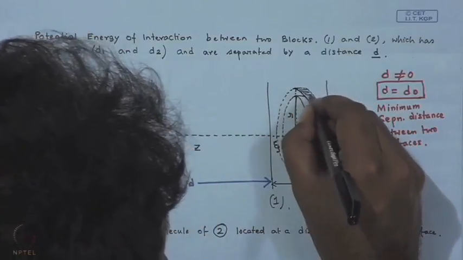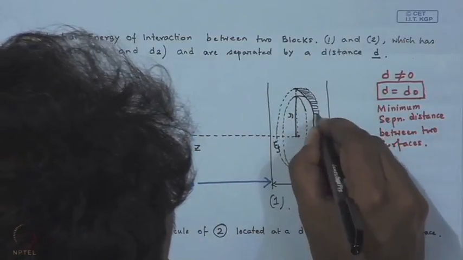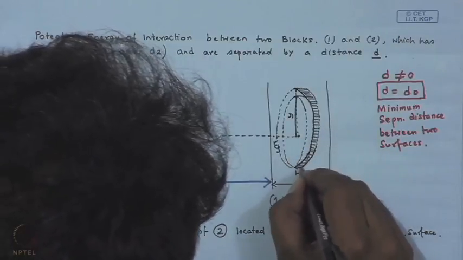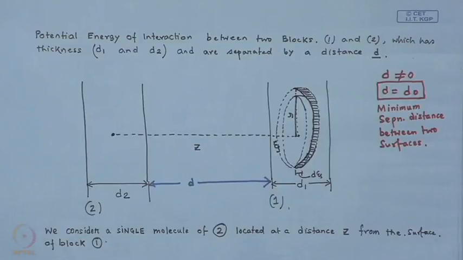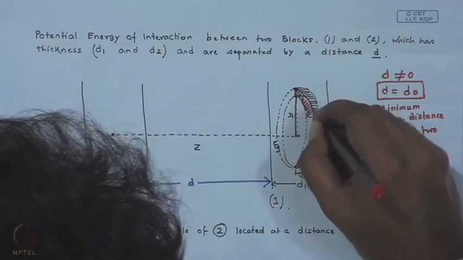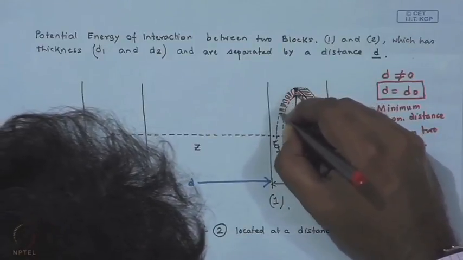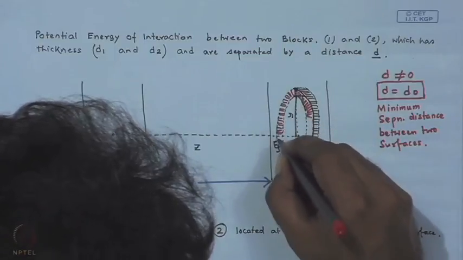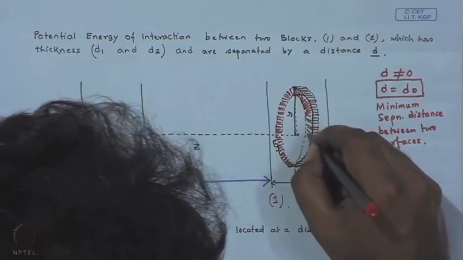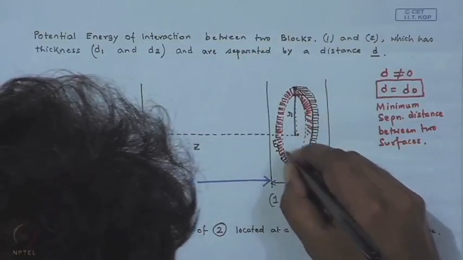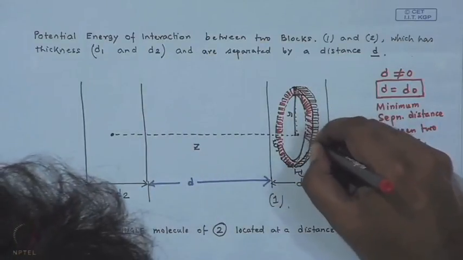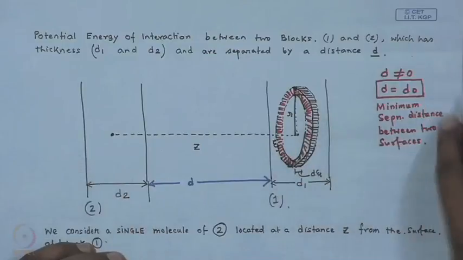Okay. So, this is the thickness of the rim, this is del z, and let us say this is the width of the rim. Sorry for the slightly poor construction. This is del y.